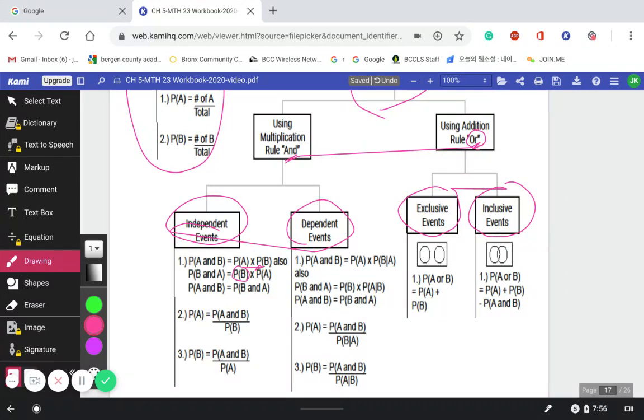And sometimes the given portion uses different formulas. When you have OR, you just add it together. If you have inclusive events, you have to add and take out the common. So that's a summary.